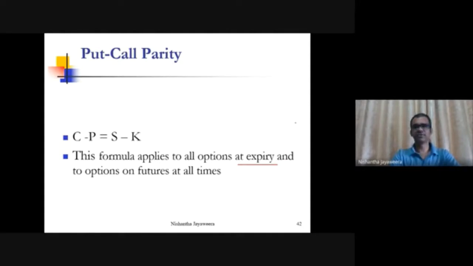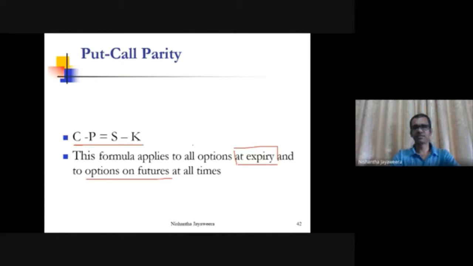It's not that useful maintaining this relationship on the expiry date, but we need it for any time during the lifetime. But the reason this is given is that this relationship is true any time for options on futures.